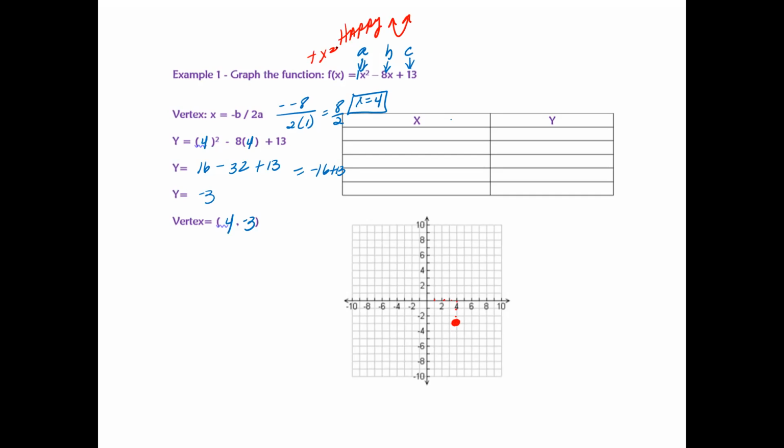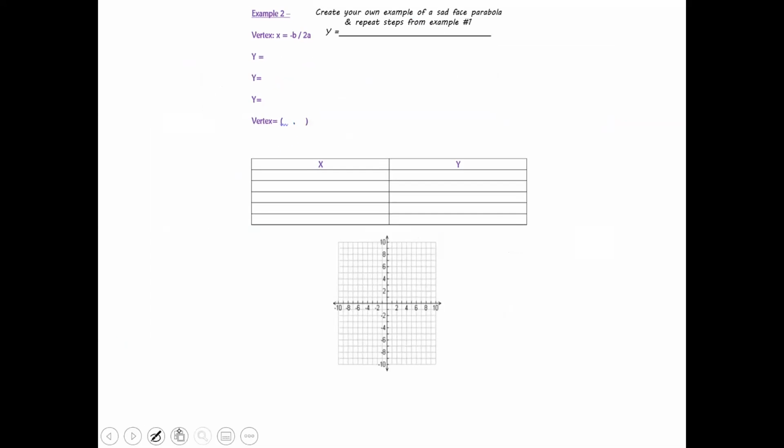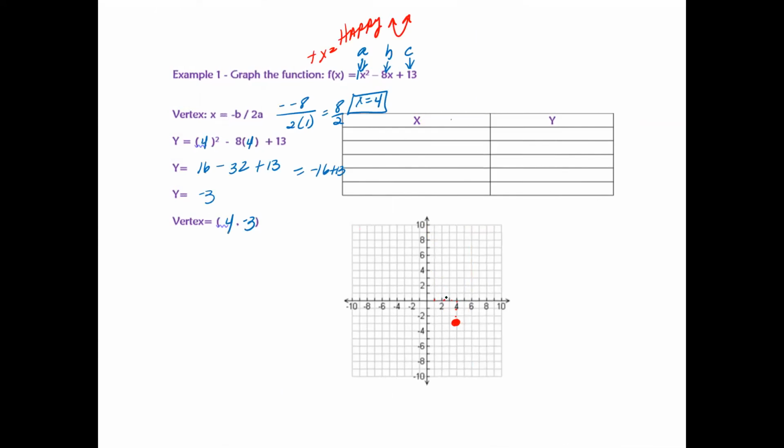Now, I don't know how wide this x squared is going to be, so I want to make sure I pick some points to draw this, okay? So let's take a look. Let's say if I were to pick 2. If x is equal to 2, what is the y going to be?